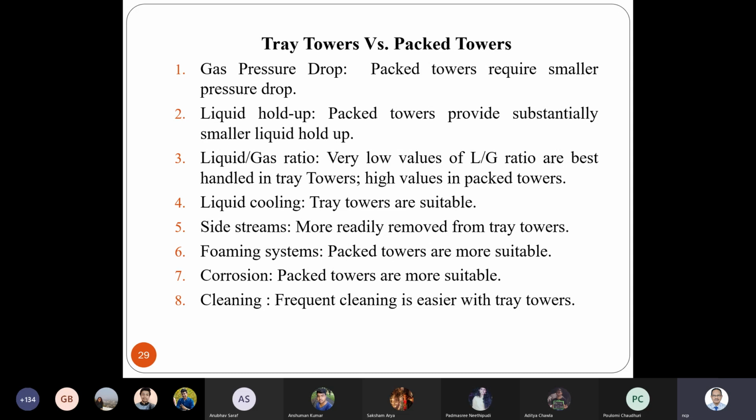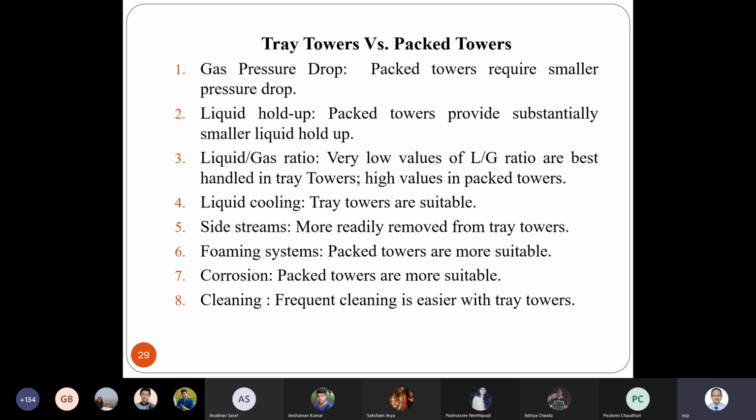But very low values, basically high gas rate and low liquid rate, will be best handled in tray towers. So depending upon your liquid and gas flow rates, you can decide which type of tower will be suitable for the operation, depending upon the liquid and gas rates the tower has to process.